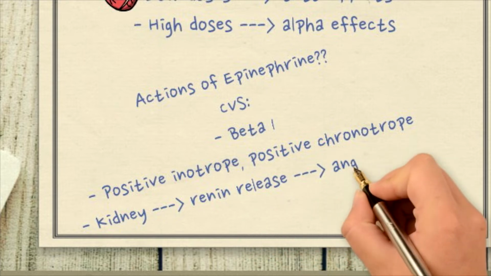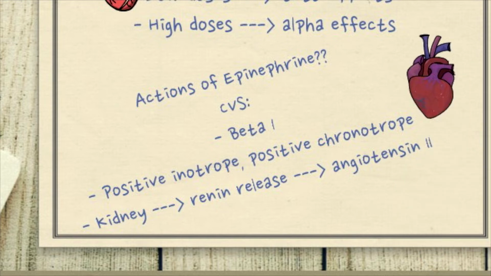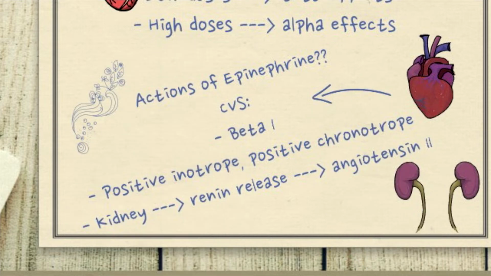So it has both the effects. Also, epinephrine acts on the beta 1 receptors on the kidney, causing the release of renin. Renin is an enzyme which produces angiotensin II, which is a powerful vasoconstrictor.